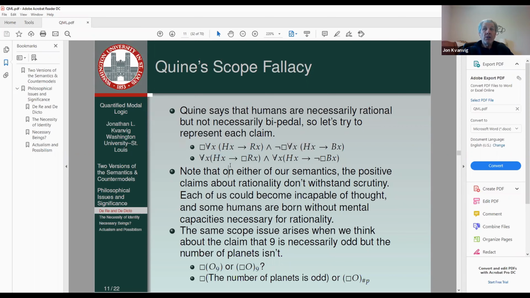But if you don't think that you are essentially a human being, or if you don't think that you have to be essentially a human being in order to be a human being, then you can't get the de re reading. The de re reading will come out false. So for example, suppose you are a human being and you don't think you're essentially a human being.